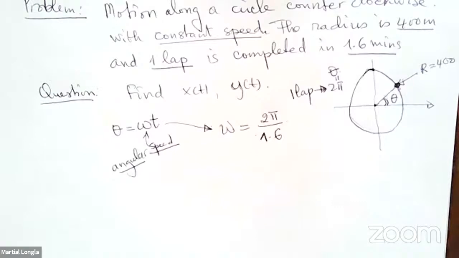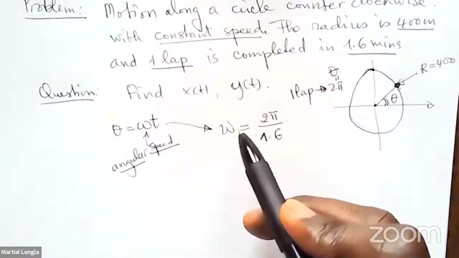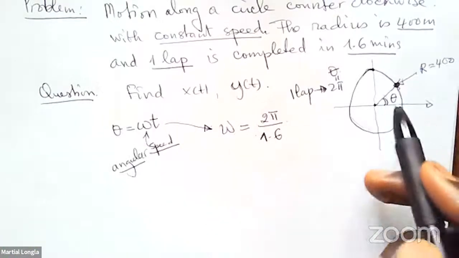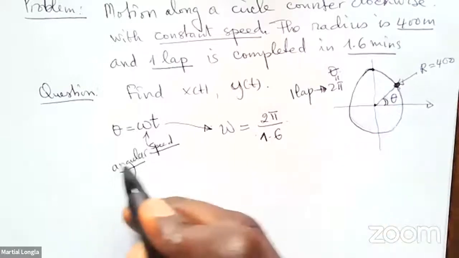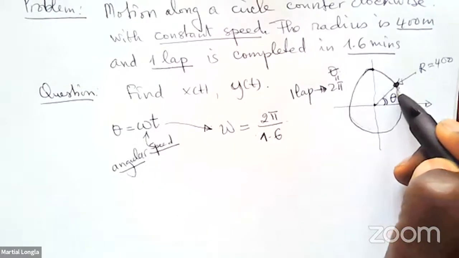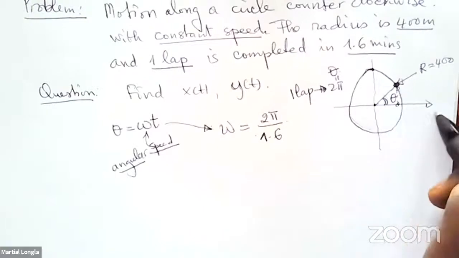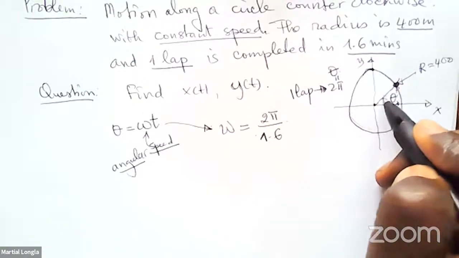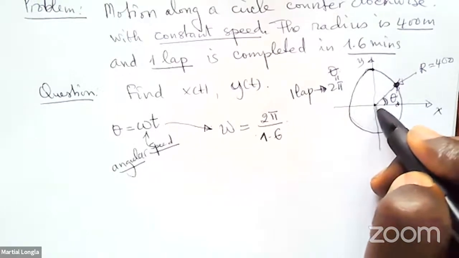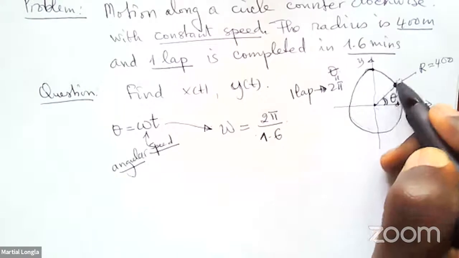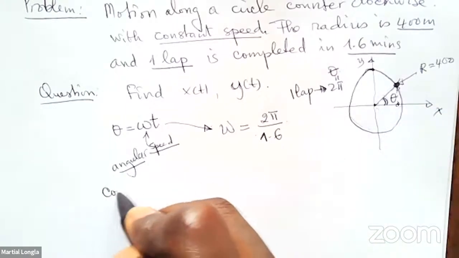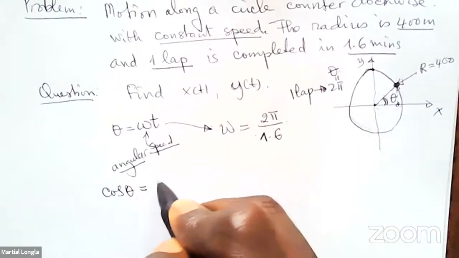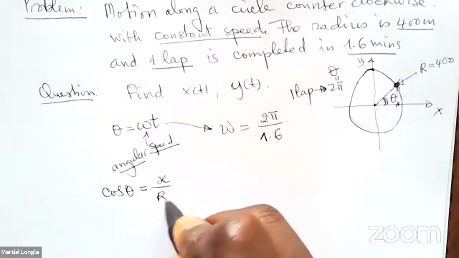So now I know omega, and I know from the previous problem we just solved that, if I write this thing, and this is x, and that is y, and theta here, cosine of theta is x over r.